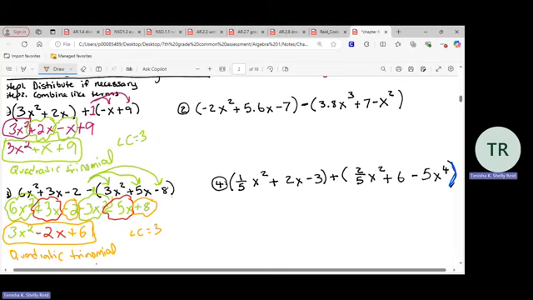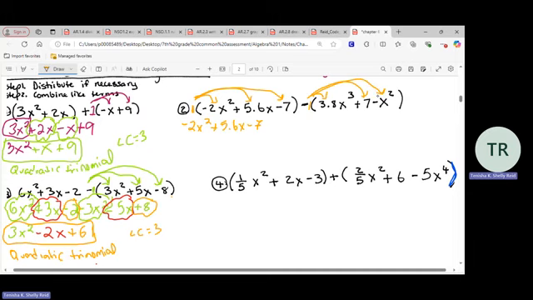Let's go ahead and work it out. So we have here -2x. In front of it is technically a +1. So +1 distributed, it won't change a thing. That gives me -2x squared plus 5.6x minus 7. This has a -1 in front of it. Remember that negative is going to change all your signs, so please be careful.